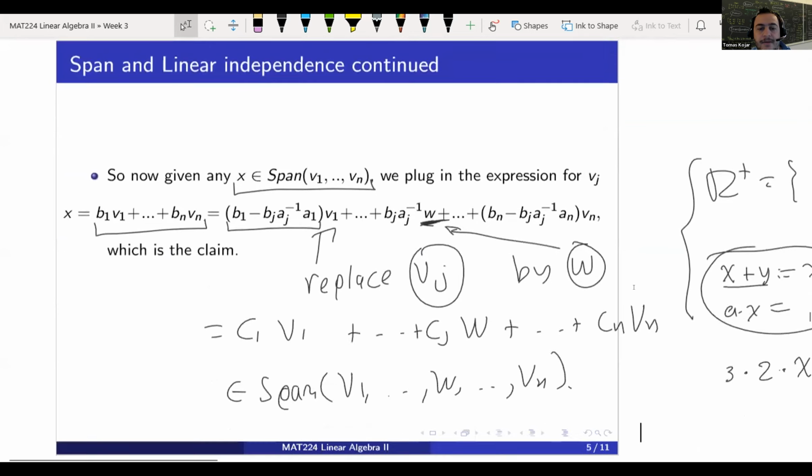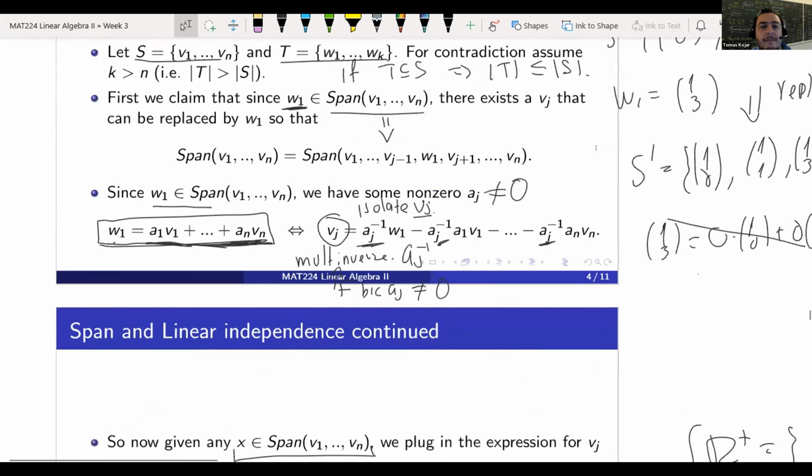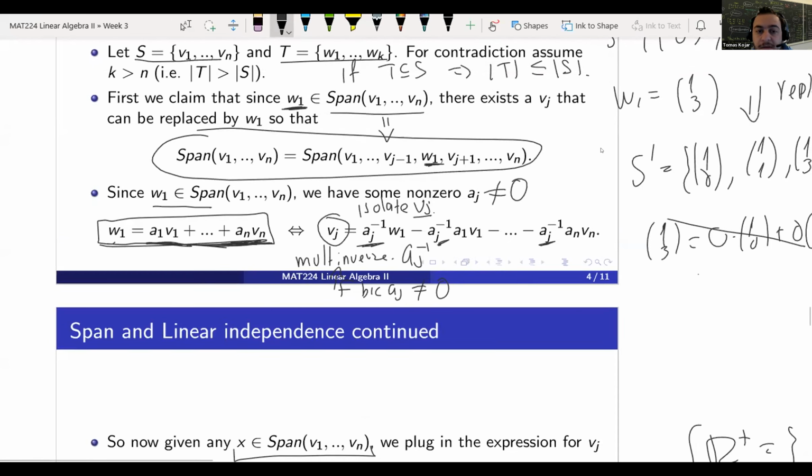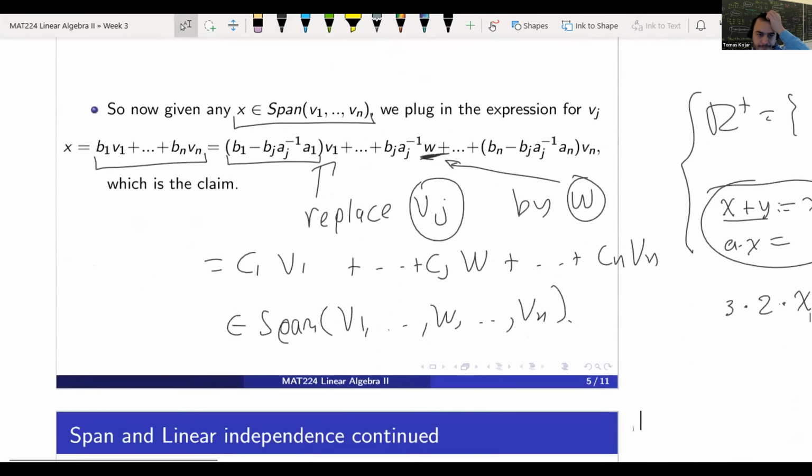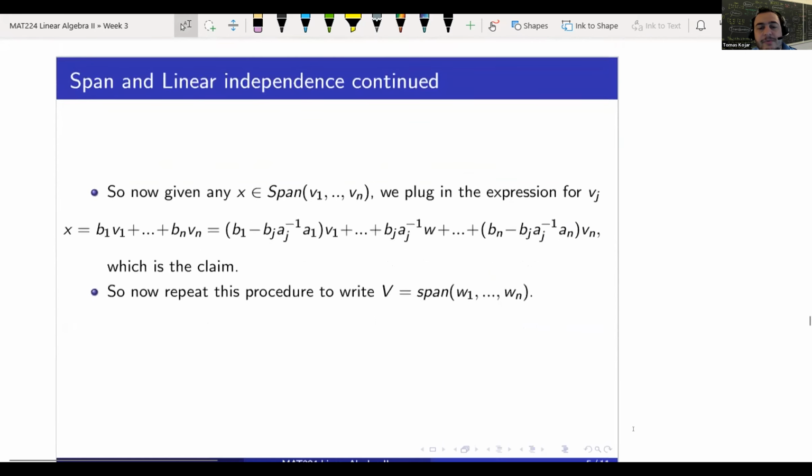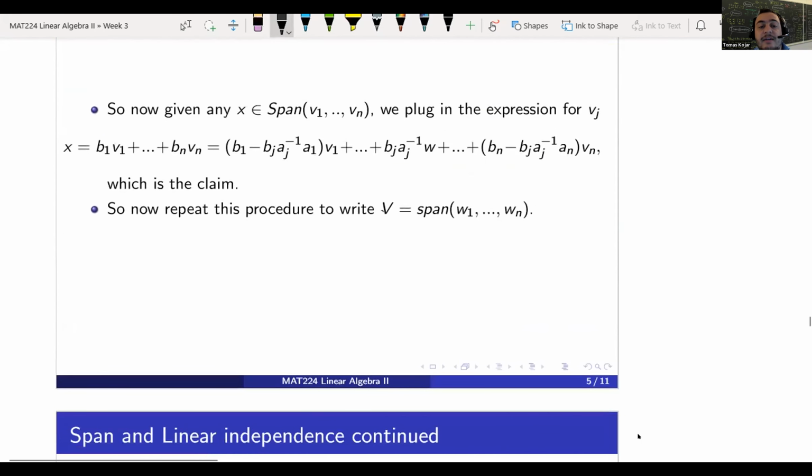So in other words, we showed that the span of V1 to Vn can equal the span of V1 through Vj minus 1, and then W1, which is one of the elements of T, right? So you repeat this procedure and you get that V is the entire span of these.